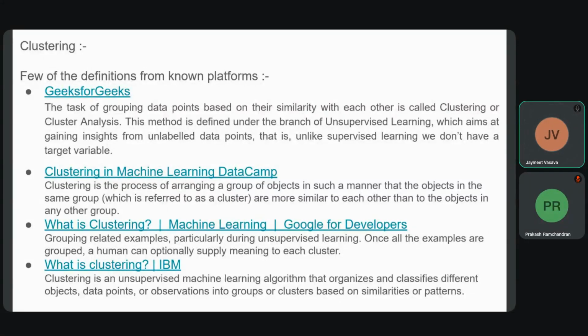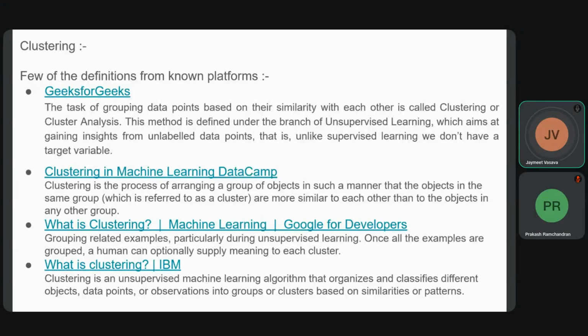For DataCamp's definition, clustering is the process of arranging a group of objects in such a manner that the objects in the same group, or cluster, are more similar to each other than the objects in any other group. Then for developers.google's definition, it is grouping related examples, particularly during unsupervised learning.